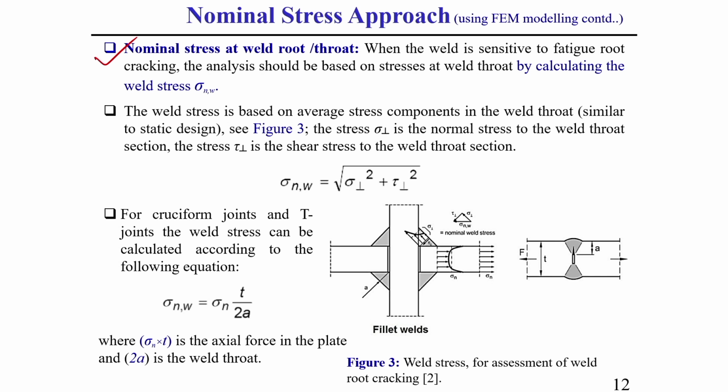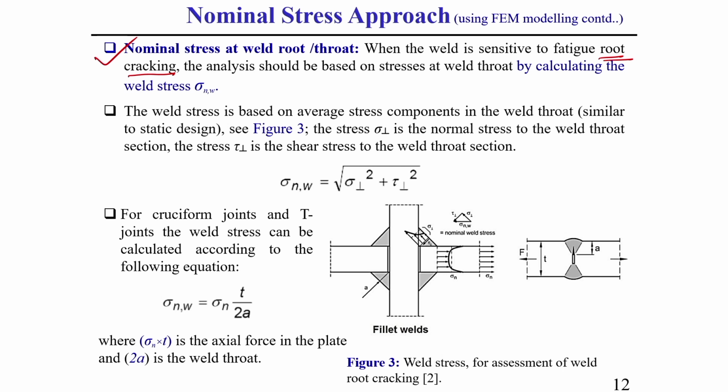So, when the weld is sensitive to fatigue root cracking, that means if the weld cracking is sensitive at the root zone of the weld, at that time we need to consider the nominal stress at the weld root position.